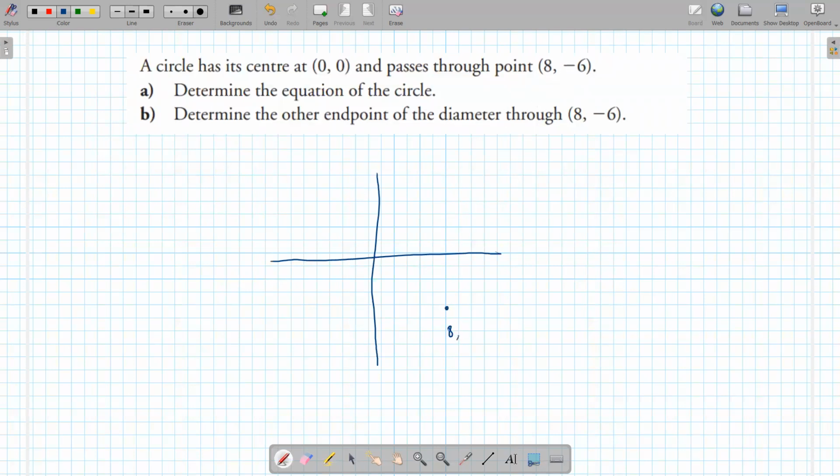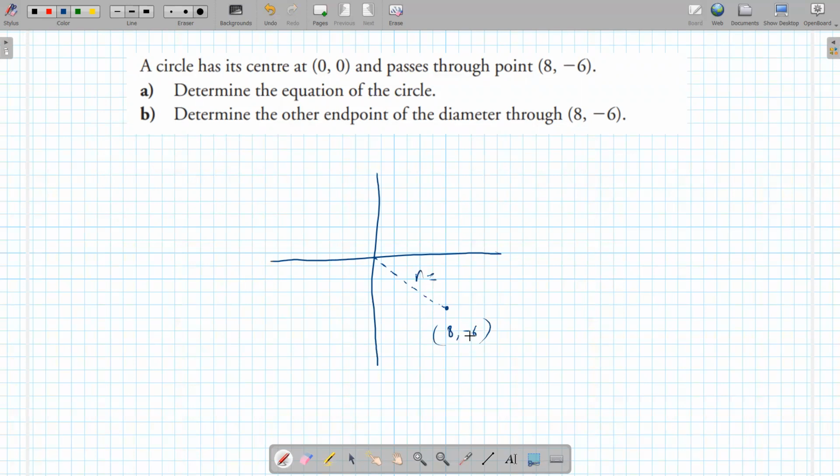That is going to be 8, comma, -6. So we know our circle is going to pass through this, yeah? See this line? Our circle is going to look like this. We don't know what it looks like yet, but we're going to get a line from the center to that point. What do you think that line is called? The radius, exactly.